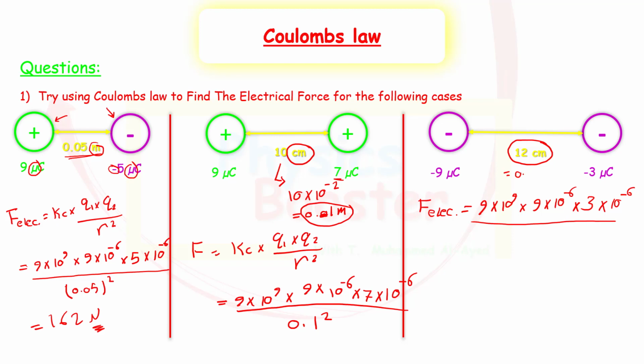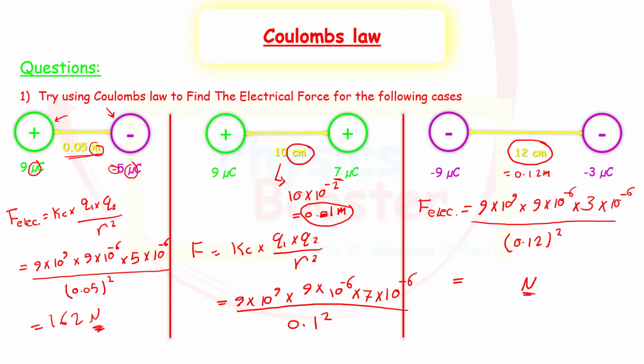The distance is 0.12 meters. We transformed it into meters, so it will be 0.12, all of it squared. Using our calculators, we will get the final answer.